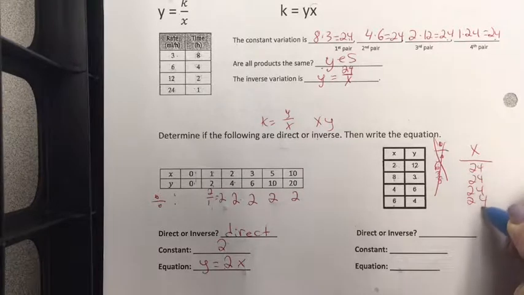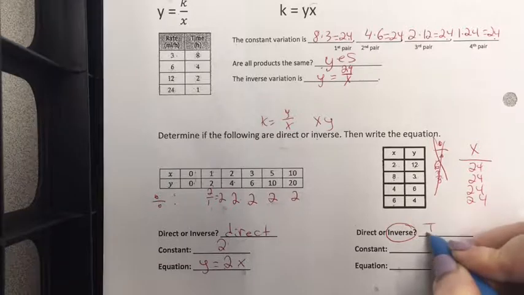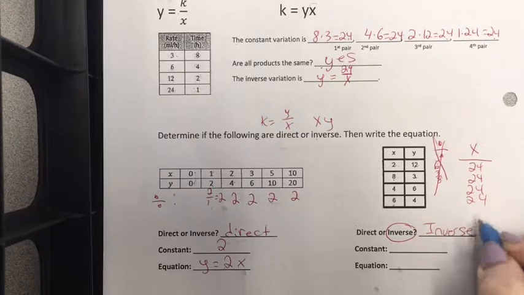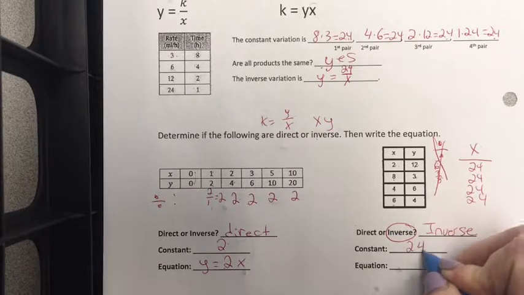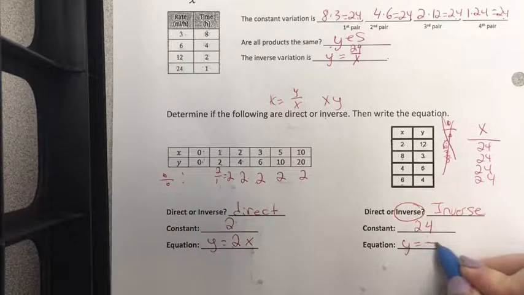Okay, so we got the same number all the way down. So we know, and we multiplied to get it, so it's inverse. My constant was 24. And my equation, so inverse looks like this for my equation. So y equals the number over x. Our number was 24.